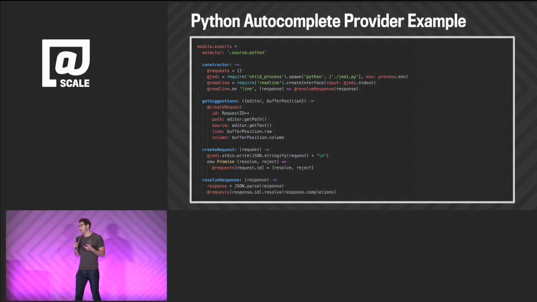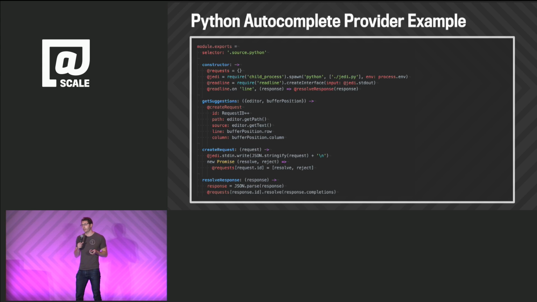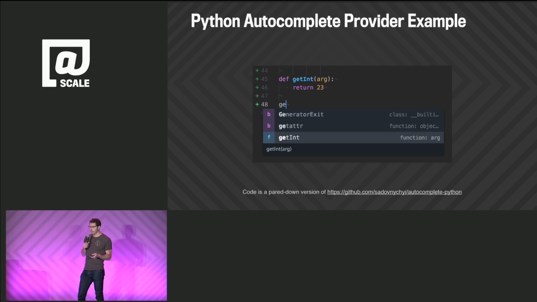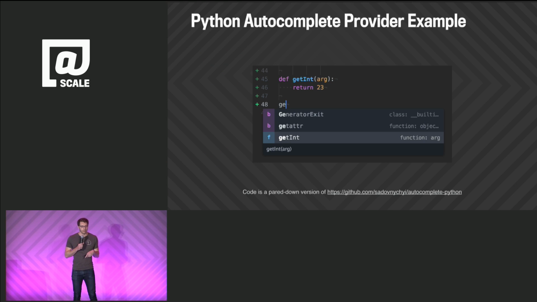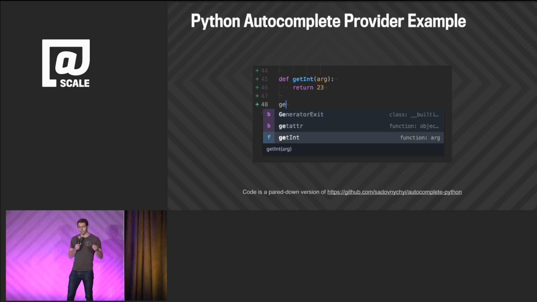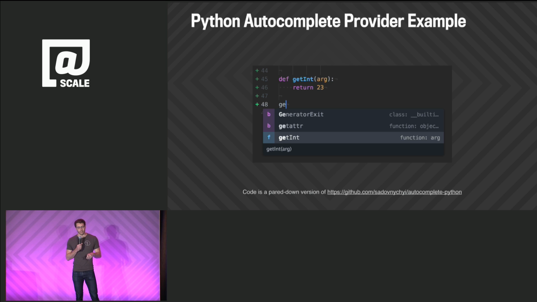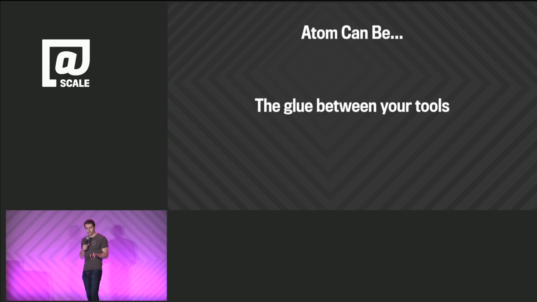The cool thing about Atom is that there's so much tooling out there. All we have to do with Atom is write the glue code to connect it to your editor. So these 25 lines produce this result. Anytime we type something in a Python file, it calls our code, we call Jedi, and it displays in the interface like this. This brings me to the idea that Atom can be the glue between your tools.